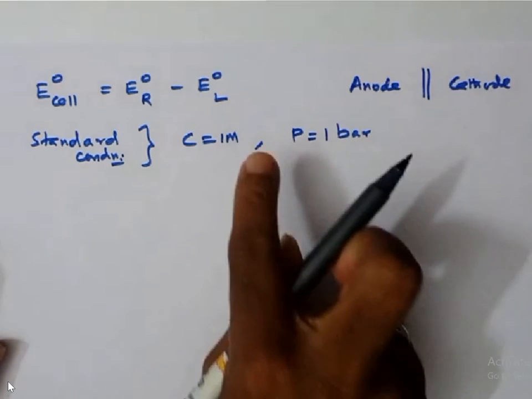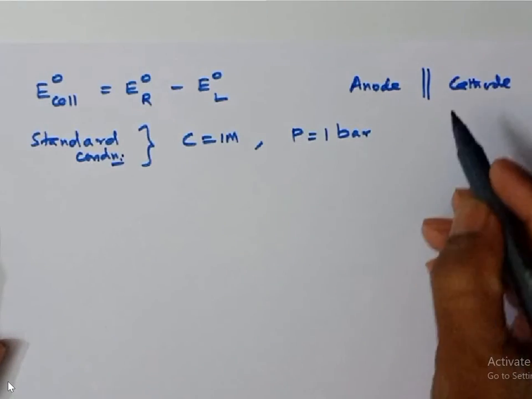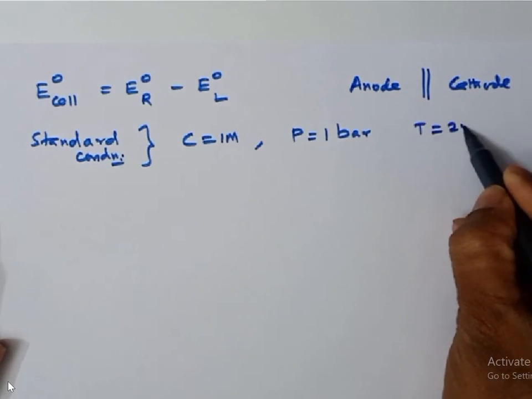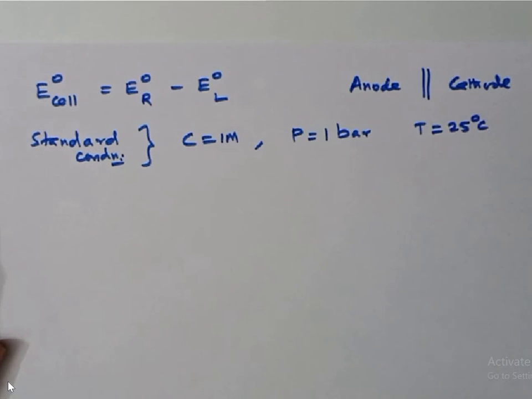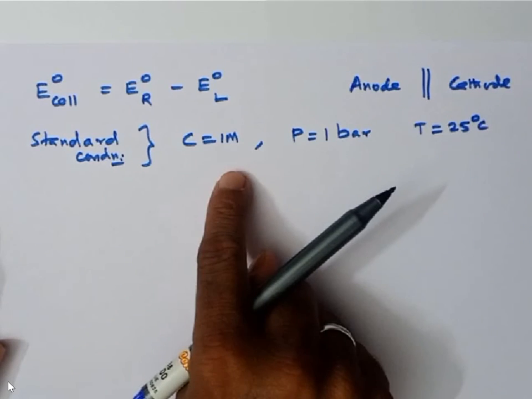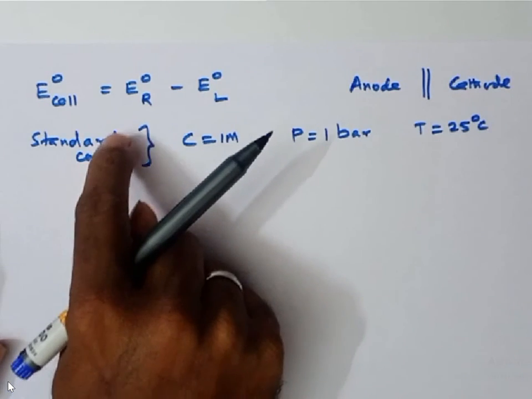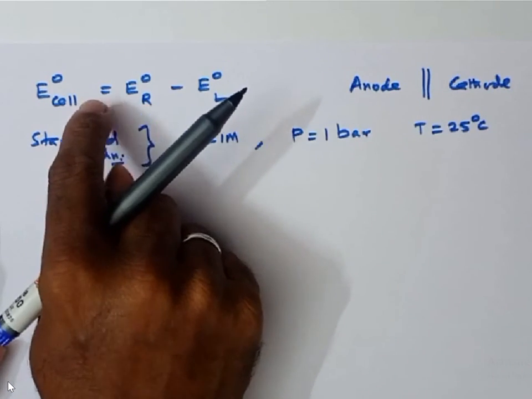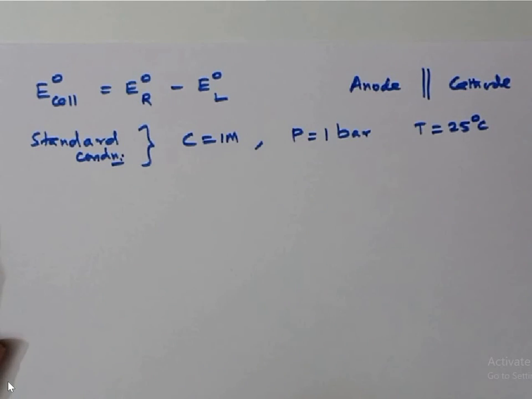These two are the important conditions, and by convention we also keep the temperature at 25 degrees Celsius. If you maintain all these three, then whatever potential is produced is what we call the standard cell potential. That's the meaning of standard.